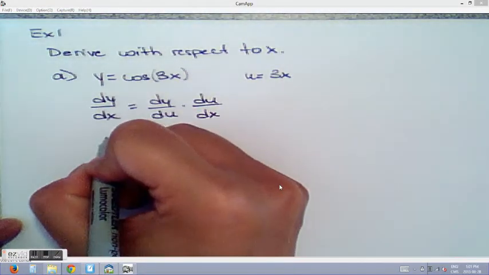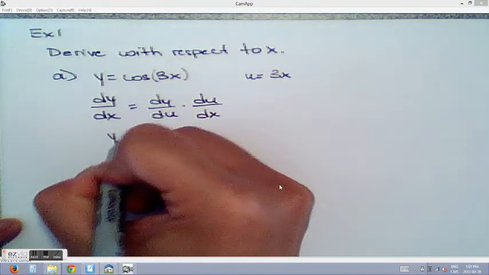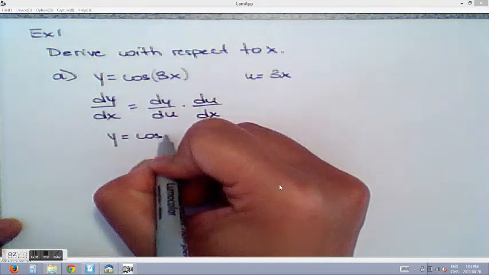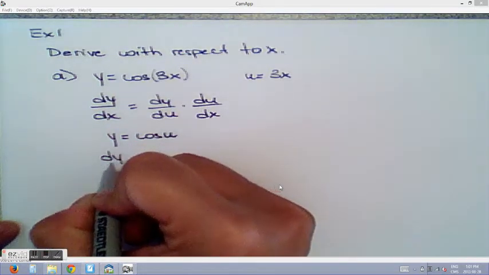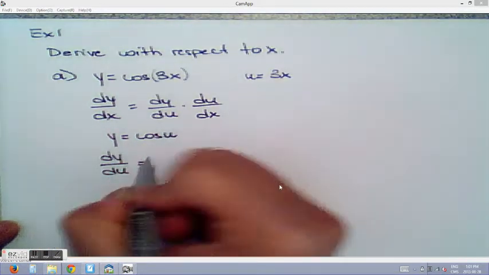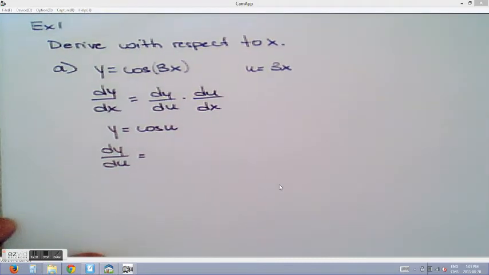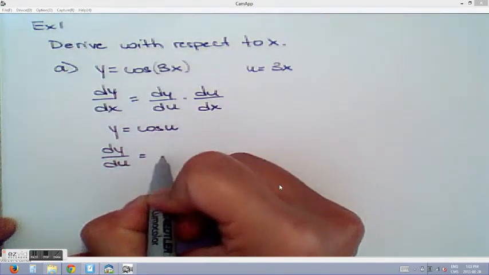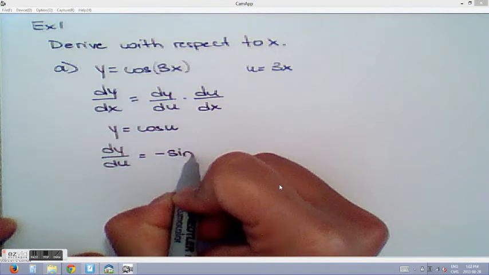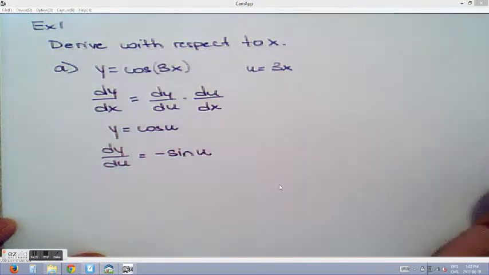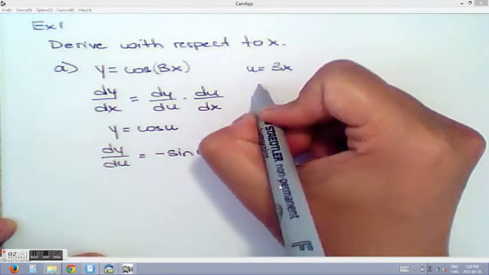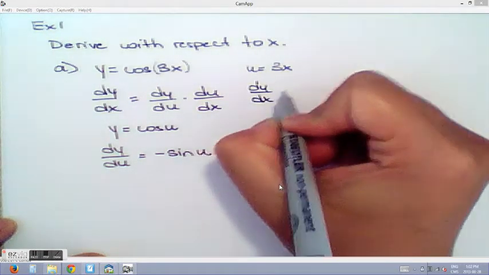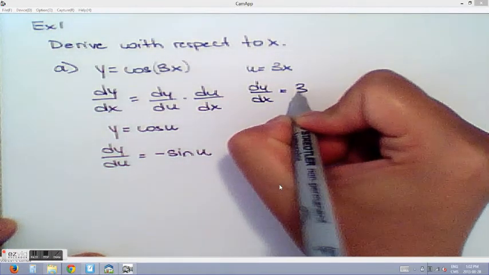What we have now is y as a function of u is cosine u. And dy/du, we know this now as being negative sine u. Over here we have u is equal to 3x, so du/dx is then equal to just 3.